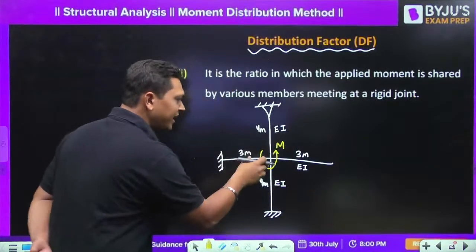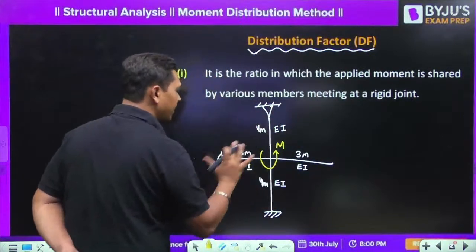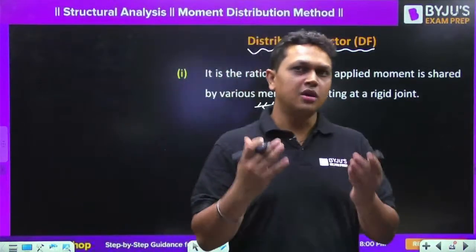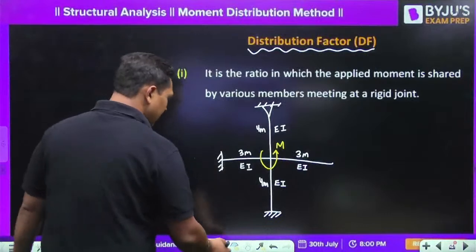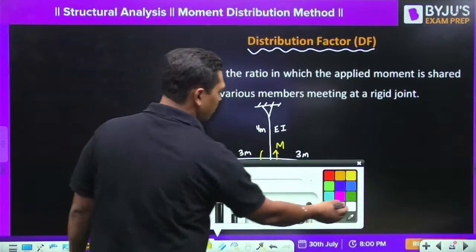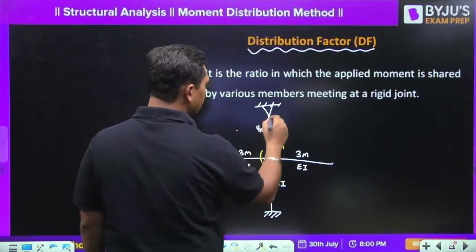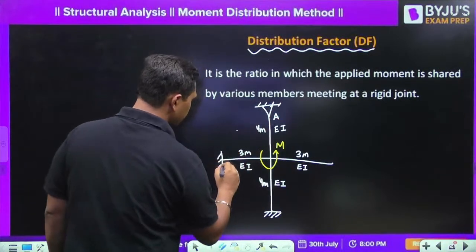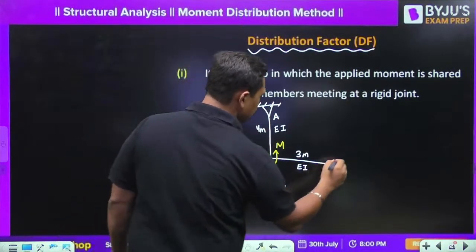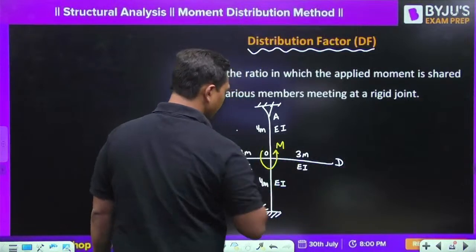Now, how much moment is resisted by each member over here depends upon its distribution factor. So, let us do the naming of all the joints over here. So, let us say this is A, this is B, this is C, this is D, and this center is O. Okay.